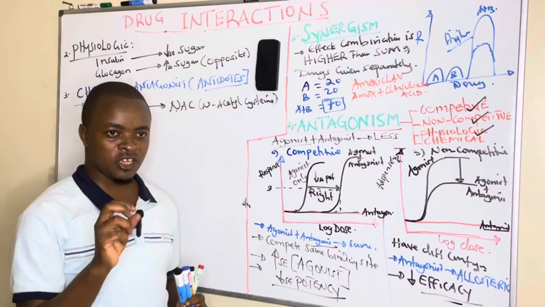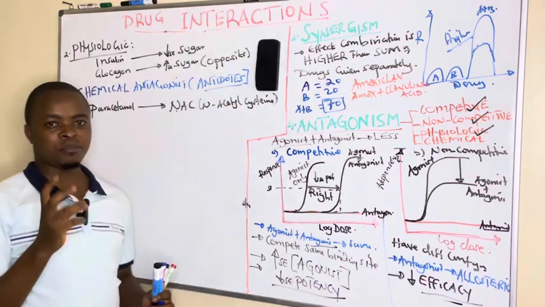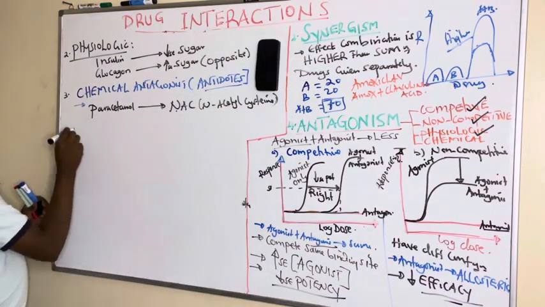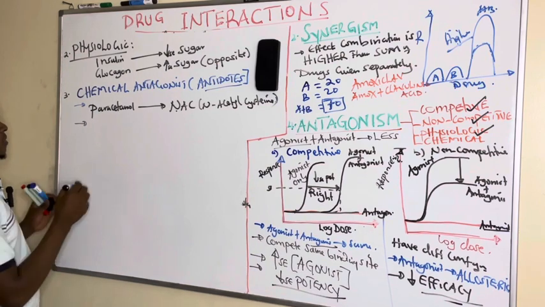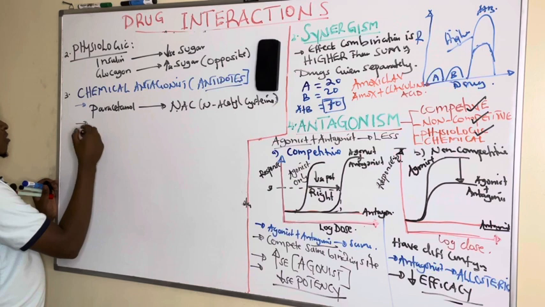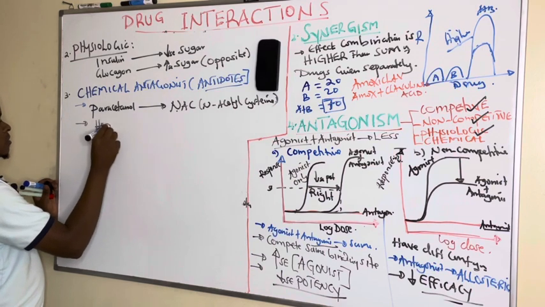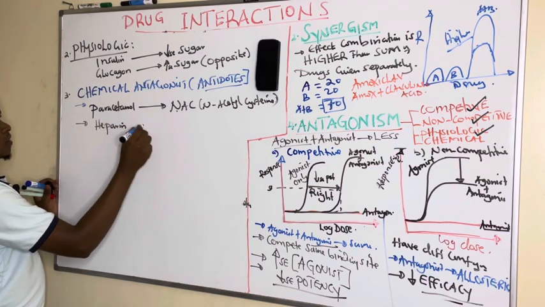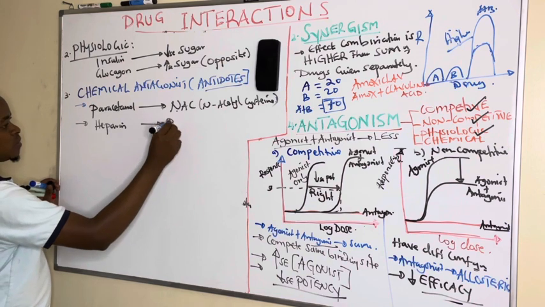Another example of a chemical antagonist is in heparin toxicity, where we normally give an antidote such as protamine.